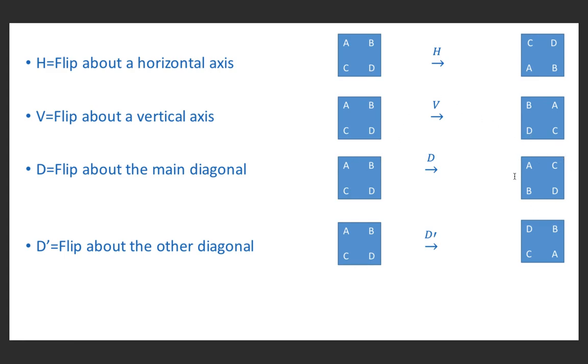And if we flip it about the main diagonal, then we will get this position. If we flip it about the other diagonal BC, then we will get this position. So if we flip twice, we get the identity, meaning we get the same position.